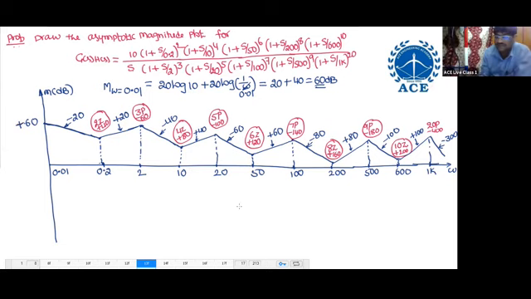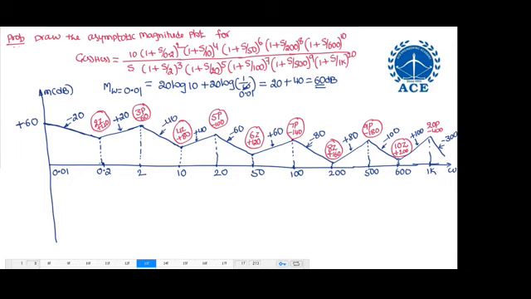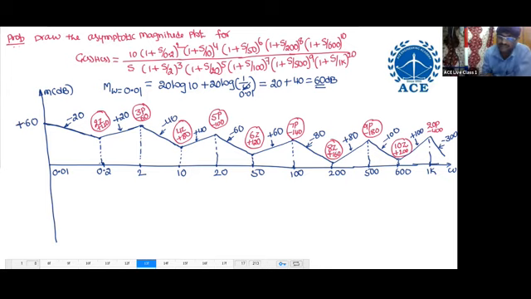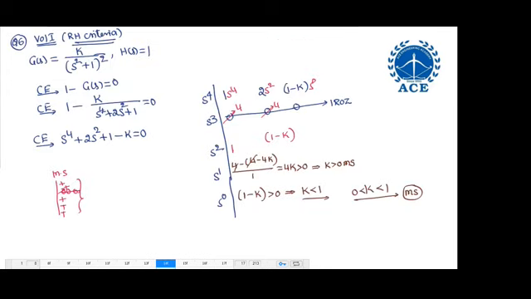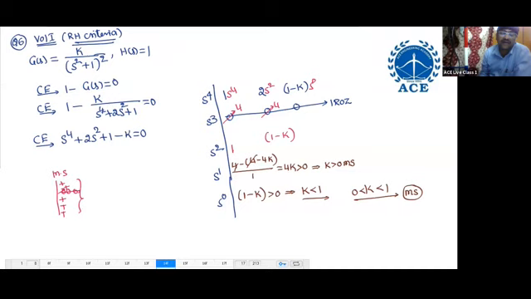Karthik. Hello, sir. Sir, RH criteria question. Sir, in that the necessary condition is that all the powers of S should be there in the characteristic equation, right? Is it stable?